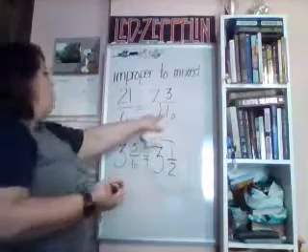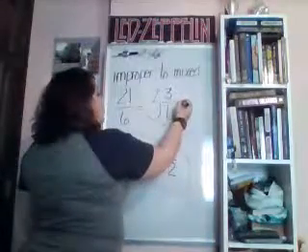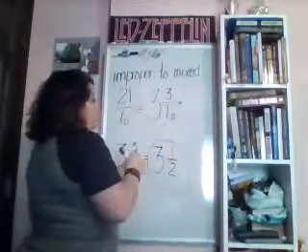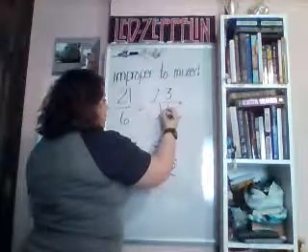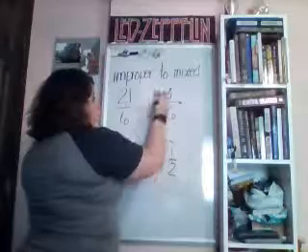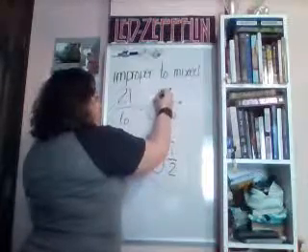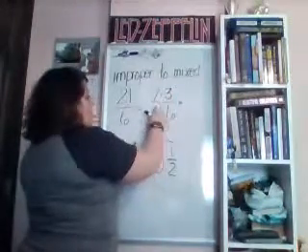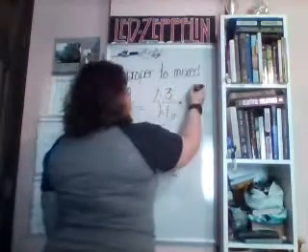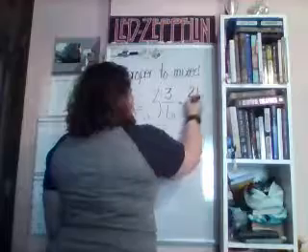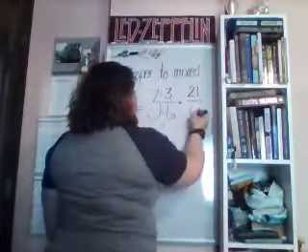And you can check your work. So let's go back up here and let's flip it back into an improper. So remember, we're going to multiply our denominator by our whole number and then add the top. So 6 times 3 is 18, plus 3 is 21, over 6.